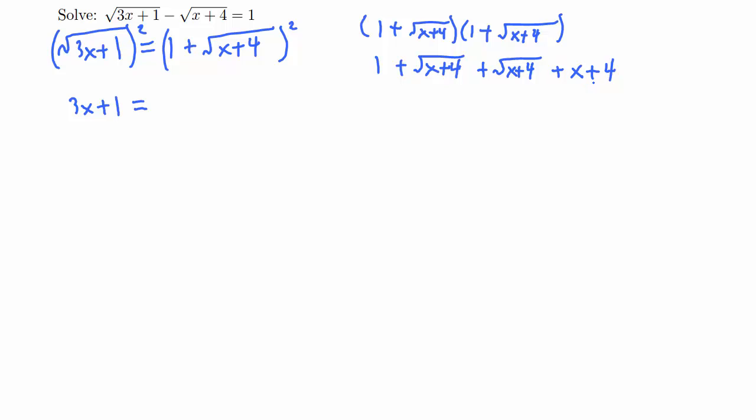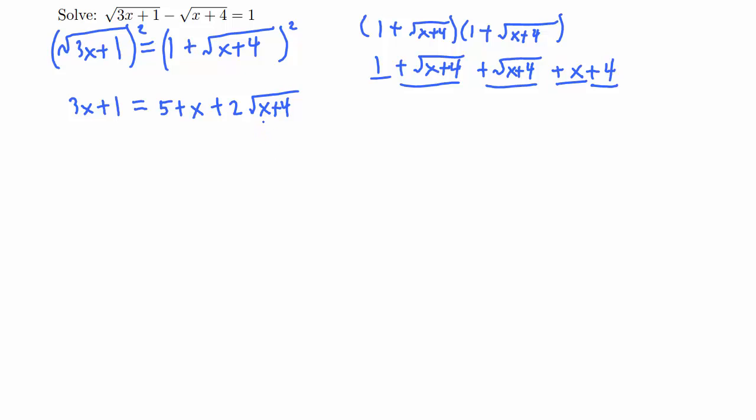And then you'd combine like terms. Notice that the 4 and the 1 are like terms. There is not a like term for x, and the square root of x plus 4 and the square root of x plus 4 are like terms. So we're going to be getting 5 plus x plus 2 square roots of x plus 4.